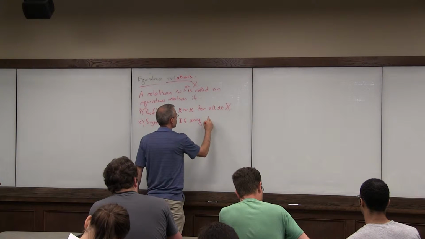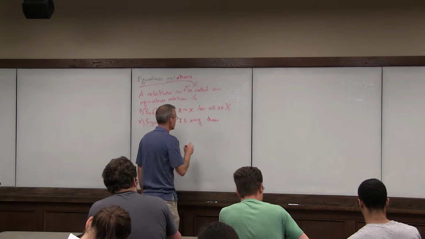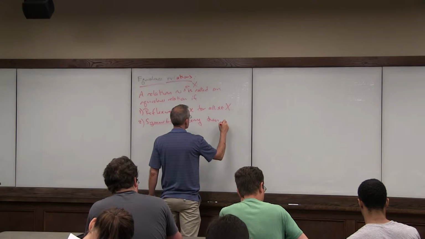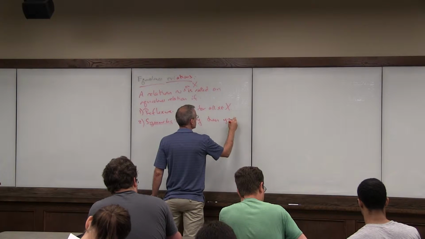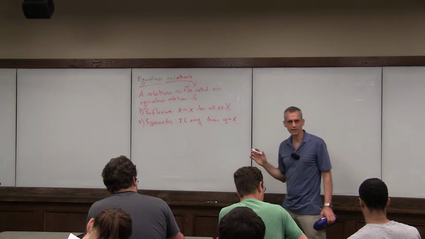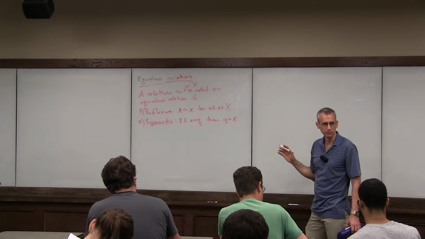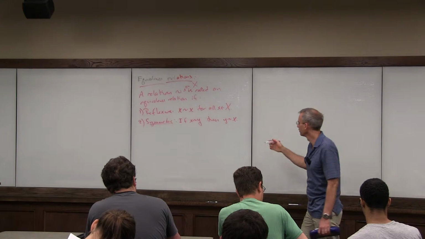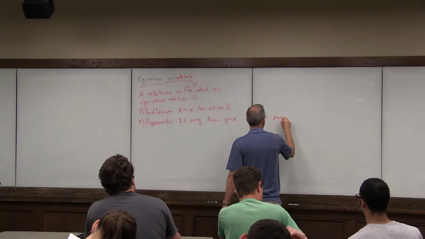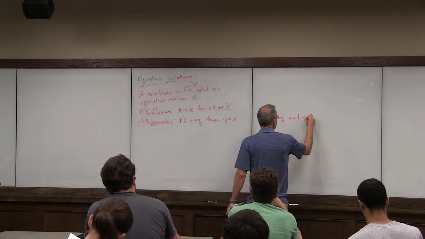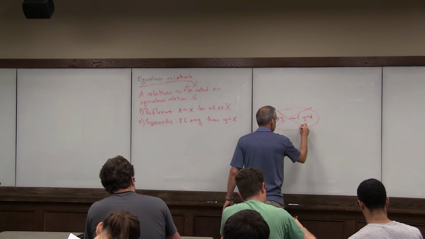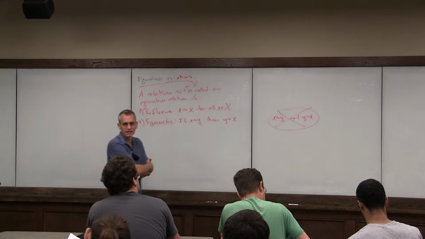If X is equivalent to Y, of course that's a little premature since we haven't actually verified these, but anyway, if X is related to Y, then Y is related to X. Now, a common thing that I see happen in this class with people who aren't working with the definition enough is I will see this expressed as X related to Y and Y is related to X. Okay, now some of the red is useful, okay? That's not what it means.